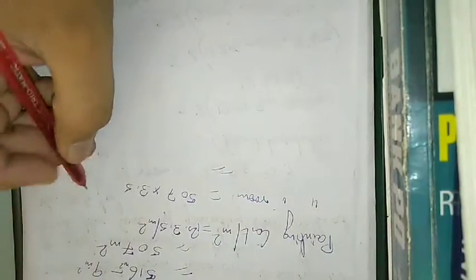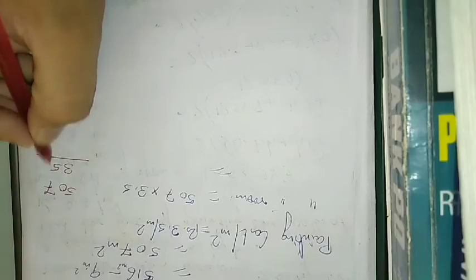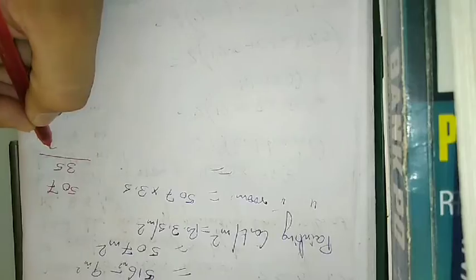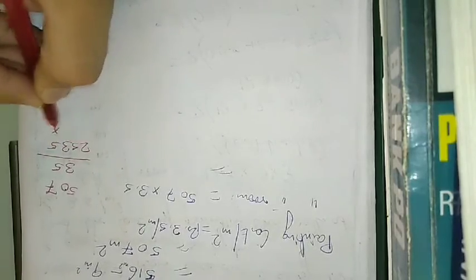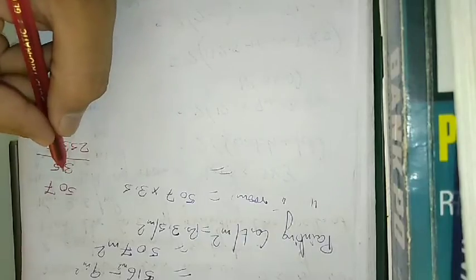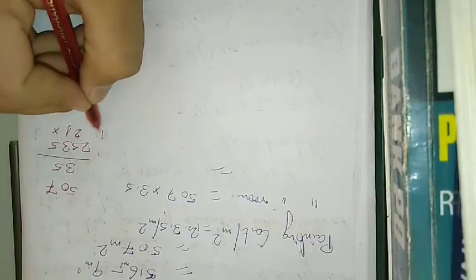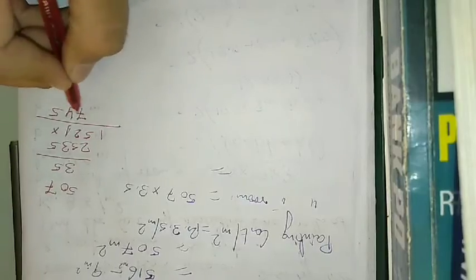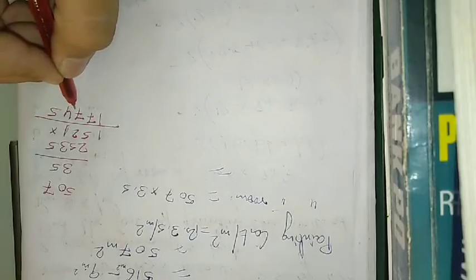So always perform multiplication in this way. 507 into 3.5 is there. Now we will be writing only 35. 5 times 7 is 35, and now we will multiply as the traditional rule goes. 5 times 7 is 35, carry 3, 500, and then 3, 5 times 5 is 25. Then we'll start from the tens place. 3 times 7 is 21, 0, and then 2, 3 times 5 is 15. Add them up, 1 7 7 4 5.